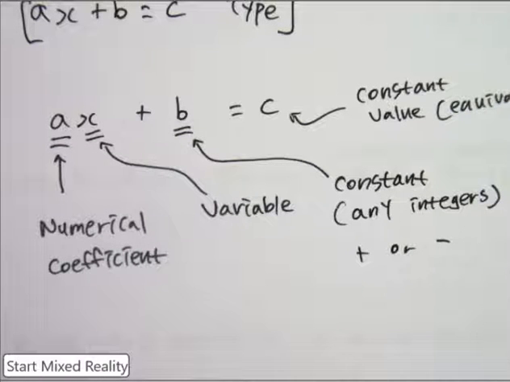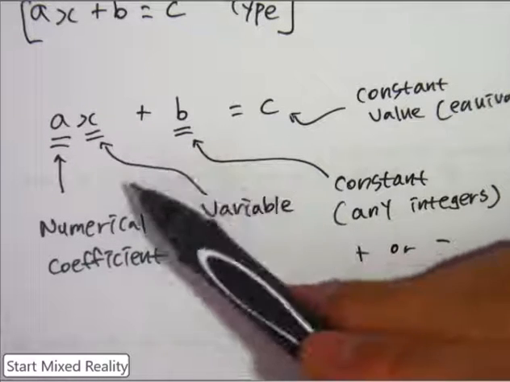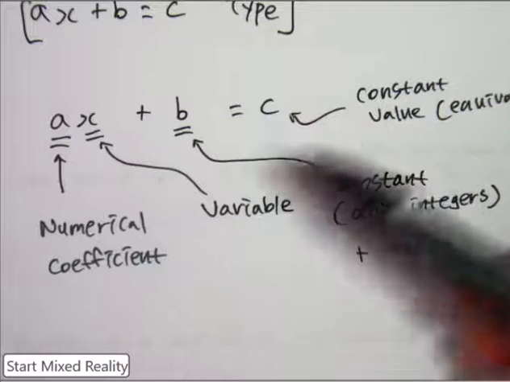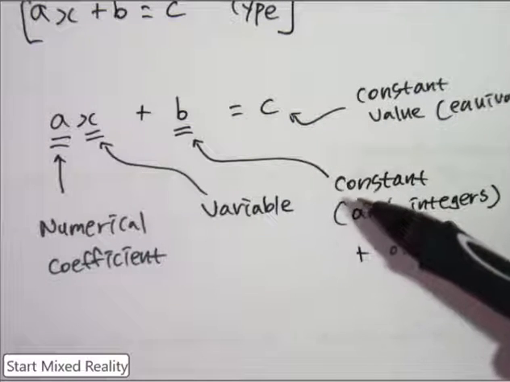So today what we're going to do is, number 1, construct these two-step equations using models, and number 2, how to solve them. So let's do some class examples first.